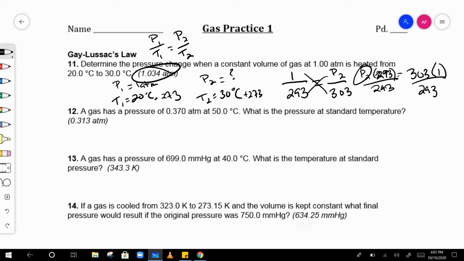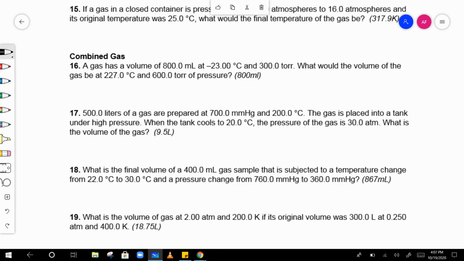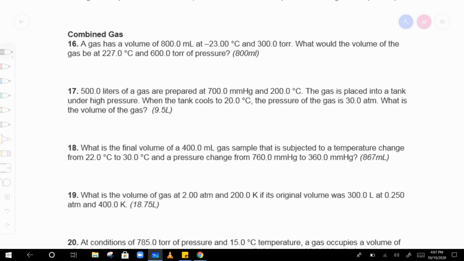Okay. All right, next. The next one is this combined gas law. It's a little bit trickier because we're going to deal with 3 different variables now.